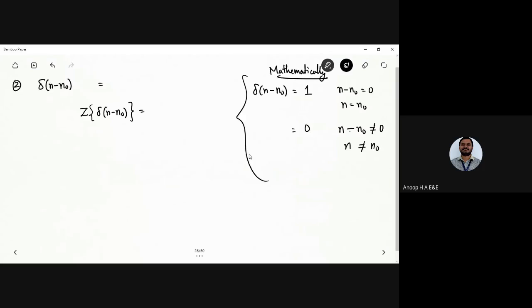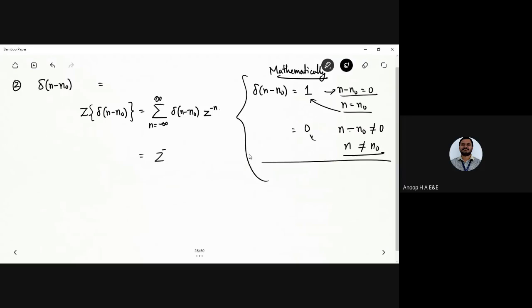So this is how I can write it: delta of n minus n naught equals 1 only when n equals n naught, and it is 0 when n is not equal to n naught. So for this function, sigma, n equals minus infinity to plus infinity, delta of n minus n naught times z power minus n.